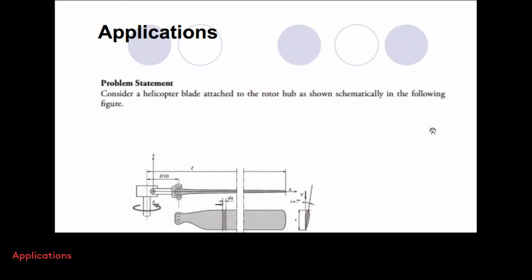So this is our design and we are asked for the angle theta. This is the first thing that is asked. In fact, we have two forces. One is in the direction of x, that is the centrifugal force, and in the direction of z we have the lift force.